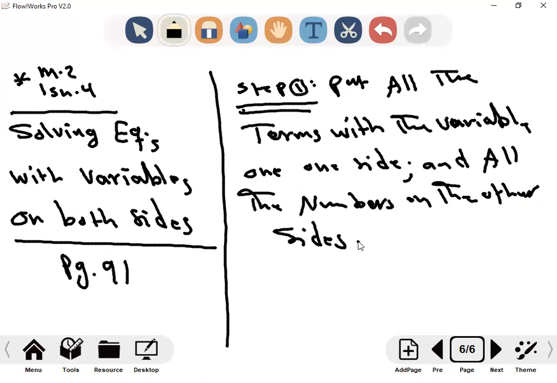So we will put all the variables on one side, all the numbers on the other side.